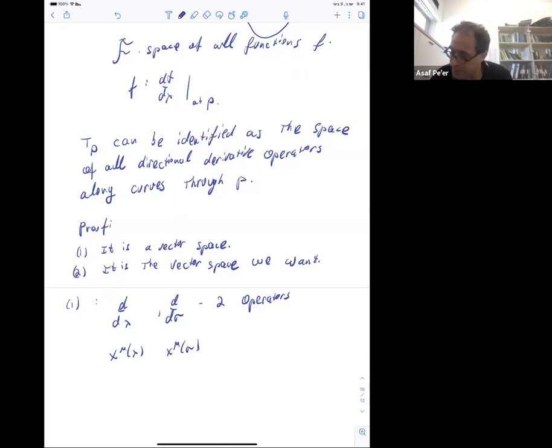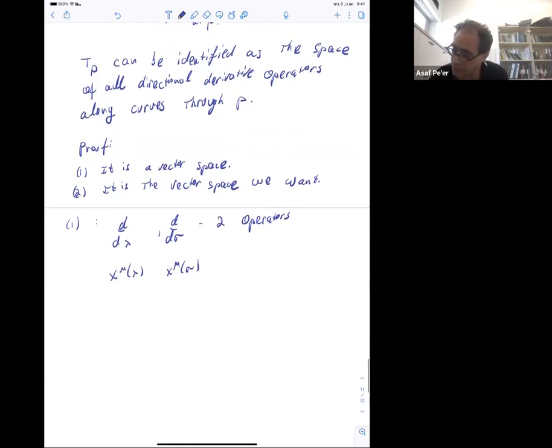Obviously I can add these and multiply by real numbers, and get a new operator. So a d over d lambda plus b d over d sigma is a new operator. So this is a vector space.